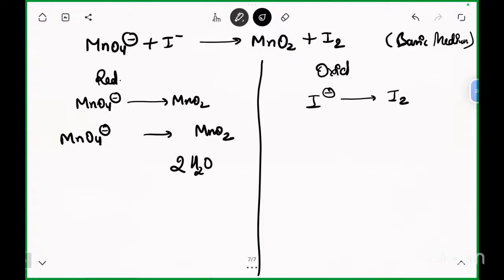But what about hydrogen? We don't have hydrogen. So if I write H2O also on the left hand side, the hydrogen is again not balanced, so I write 2. Now the oxygen is increased, so in that case just add OH negative. I have added 4 OH negative here and I will add 4 H2O. So this reaction is now balanced.